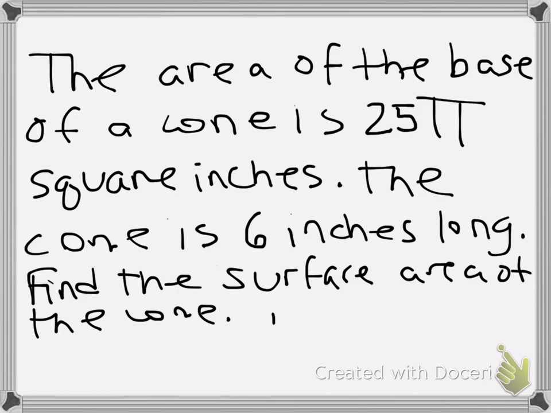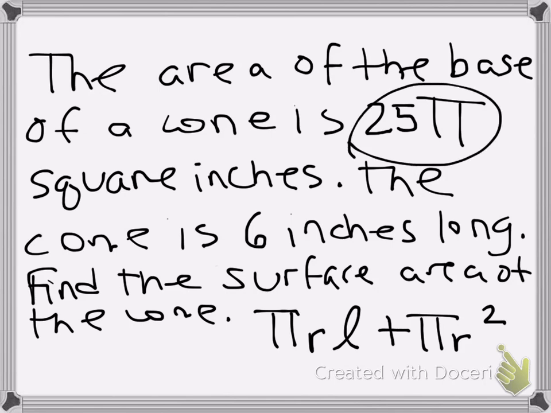So the formula is pi r L plus pi r squared. And if we recognize the pi r squared, that's actually the area of a circle formula. So if you think about the cone, the area of the base of a cone is the circle part of the cone. So it's giving us the area of the base.